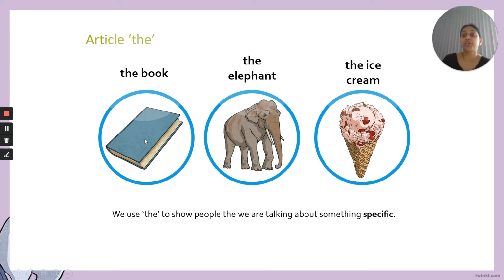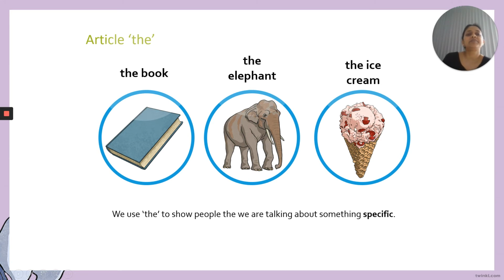We're talking about the book that's specific, that same book that is on your table. When we talk about a specific book, not any random book, we have to say the. The same for an elephant. There might be many elephants in a zoo, but we're talking about a specific elephant that we saw. It's only that elephant that we're talking about, so that's why we say the elephant.